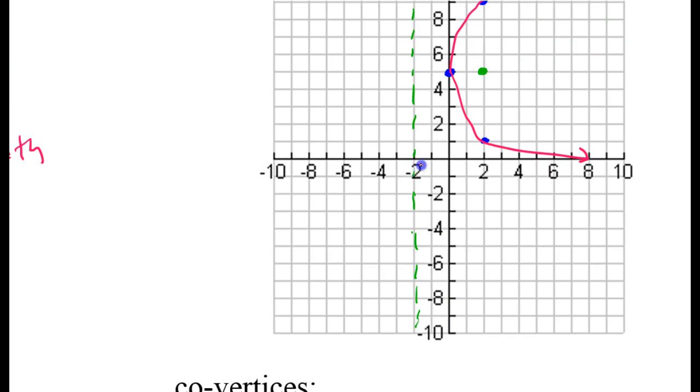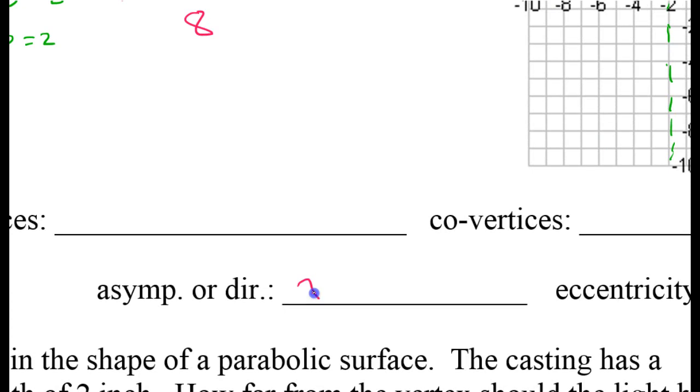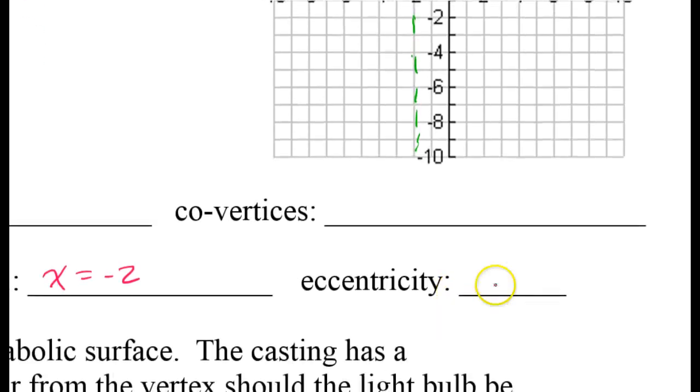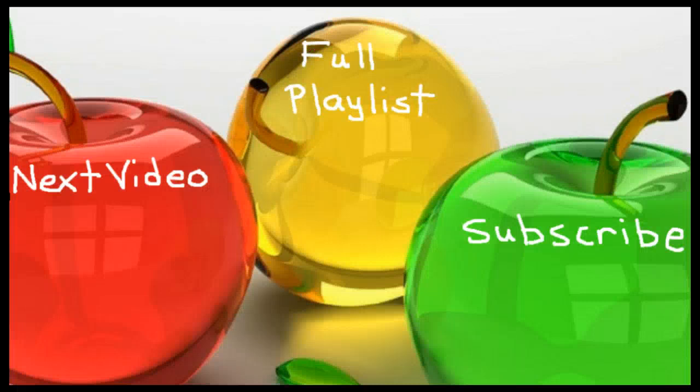Vertical lines are always x equals something, so x equals -2. Eccentricity. Eccentricity is not something that we normally find for a parabola, because we just know that the eccentricity for a parabola is always 1. You can just memorize that. So that's it for this.